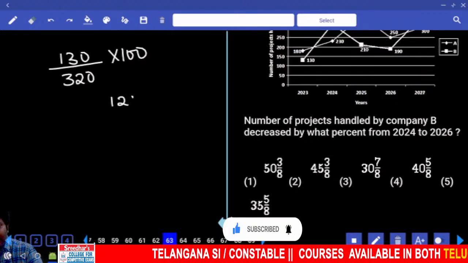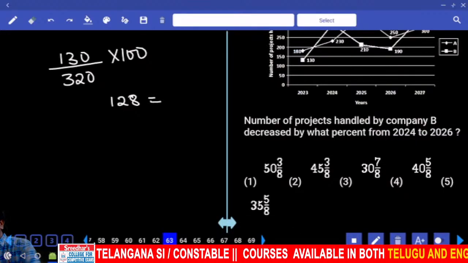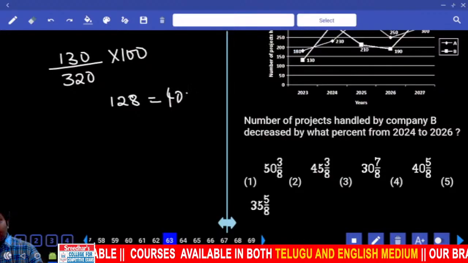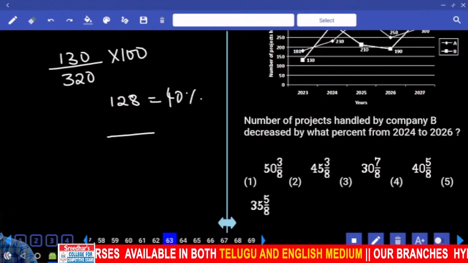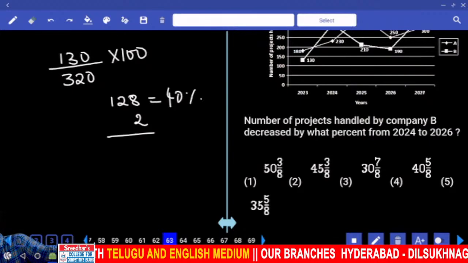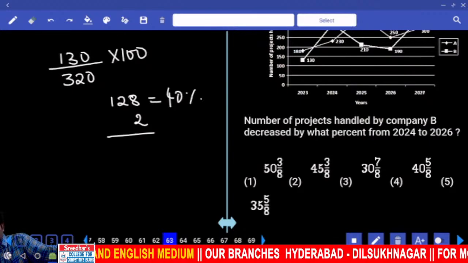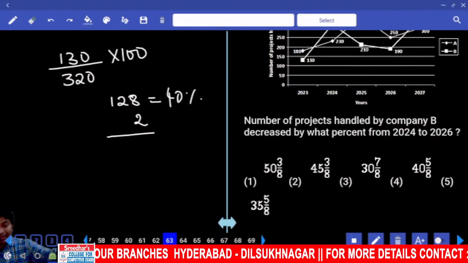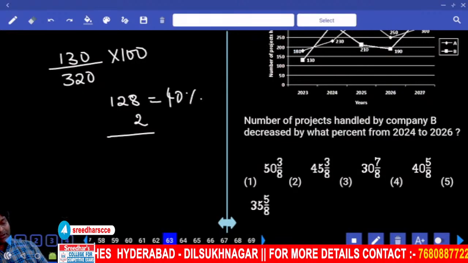So you know that 128 is equal to 10% double. How much more do we have to add to make it our numerator? What is 1% of the denominator? So do you have to add 1%? So the answer is more than 40, less than 41. How many options are there? Only one.